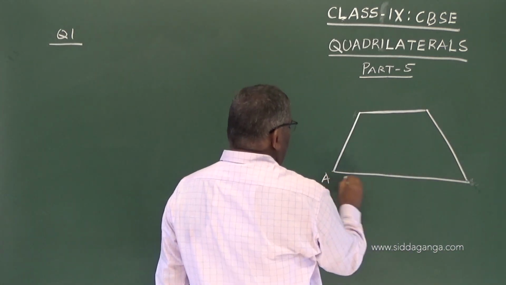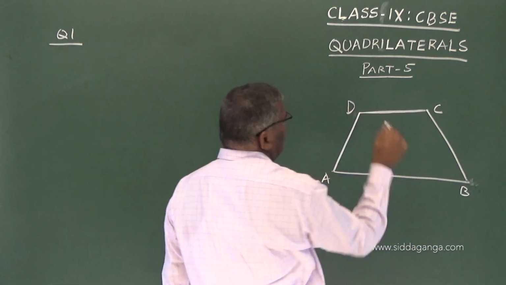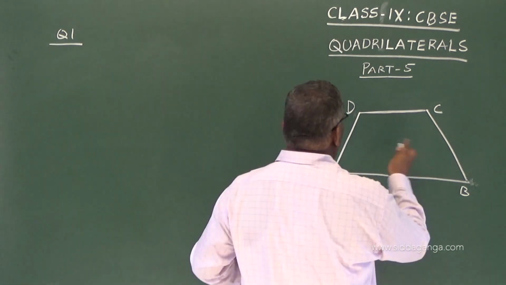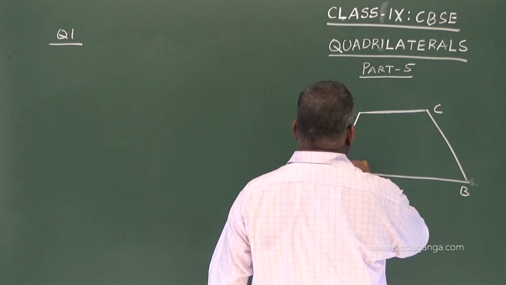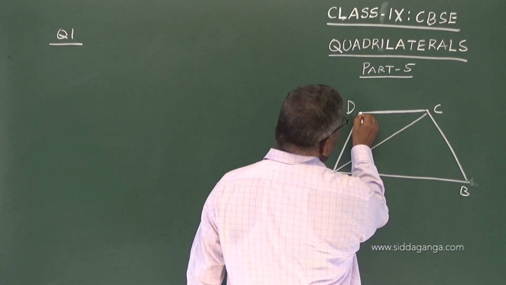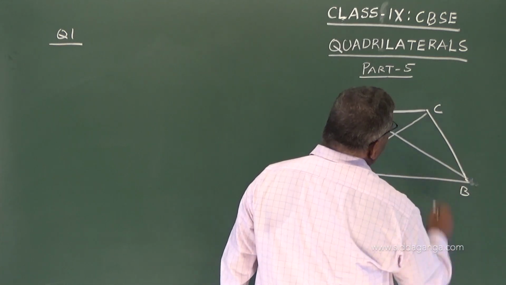This is ABCD. It is a trapezium. Now you join AC and join BD.